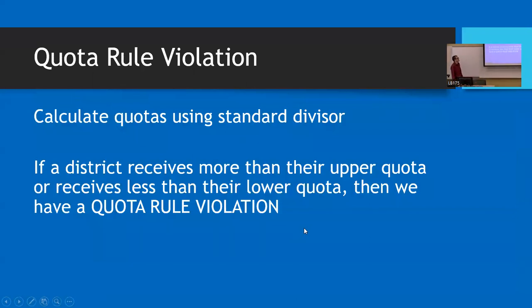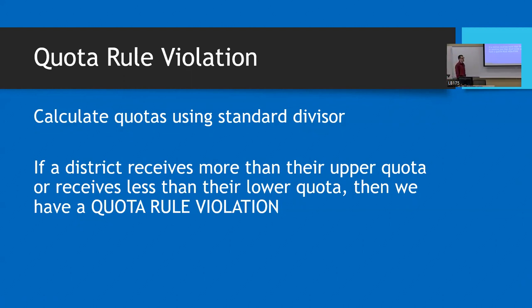And what this is, it's something called a quota rule violation. If a district receives more than their upper quota or less than their lower quota with the standard divisor, then what we have is what's called a quota rule violation.